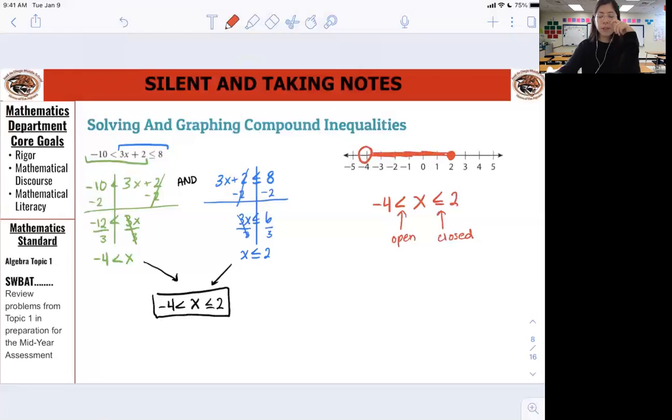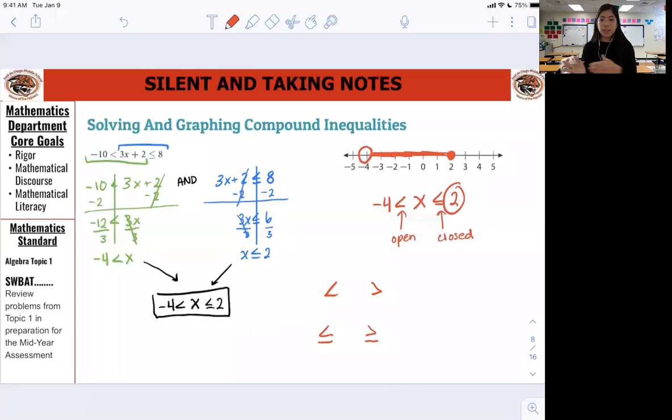Okay, so the difference between open and closed. This symbol is a less than symbol. This symbol is greater than, right? This one is less than or equal to. This one is greater than or equal to. So think about it. Since I have a greater than or equal to, that means that whatever number I'm talking about can be equal to that. Like the equal to part tells me that, for example, here I had the number 2.